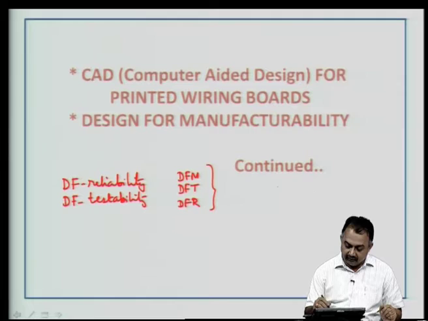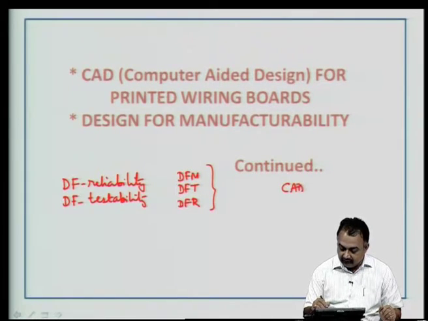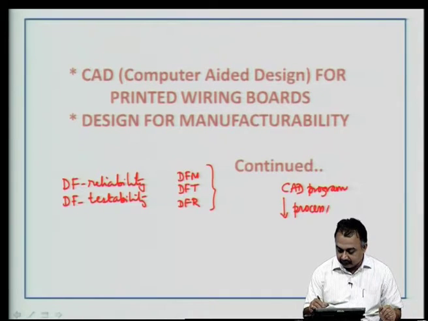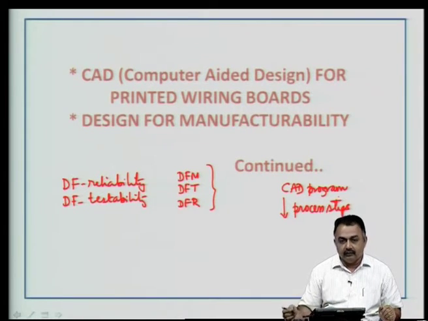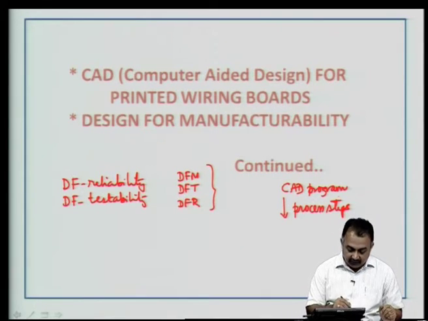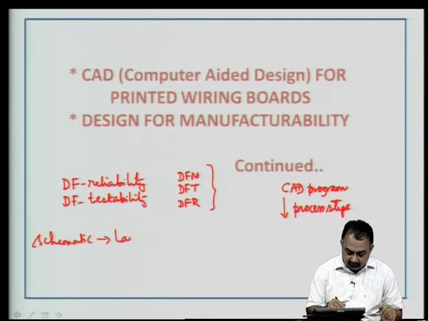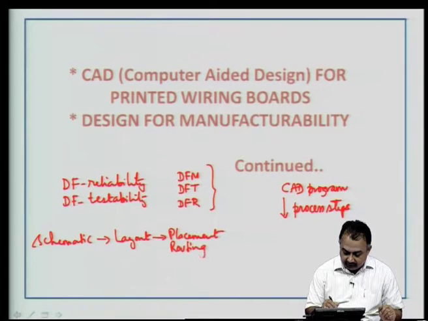We have seen in this particular chapter the process flow for any CAD program or software, and we have also seen the process steps. Starting from a schematic to the layout module, and then the layout module contains the placement, then the routing, and then the post process files like text file generation and so on.